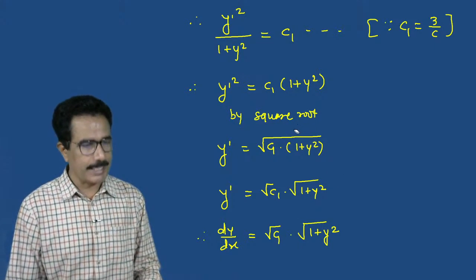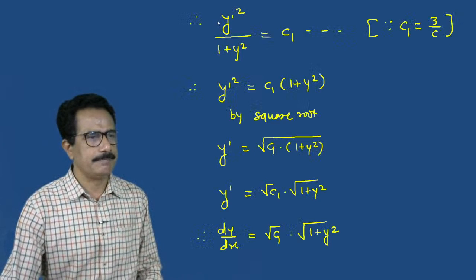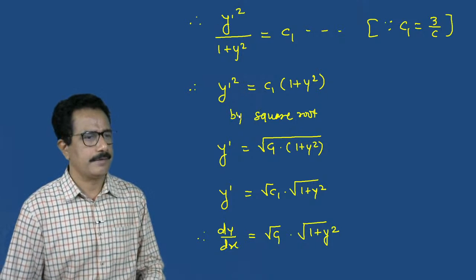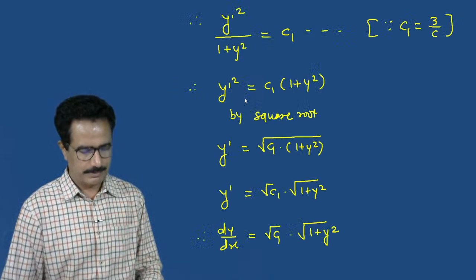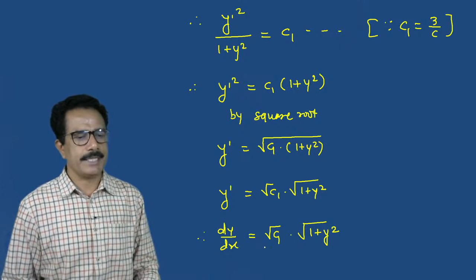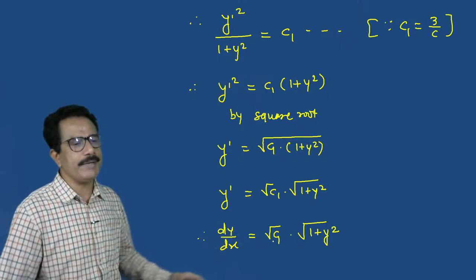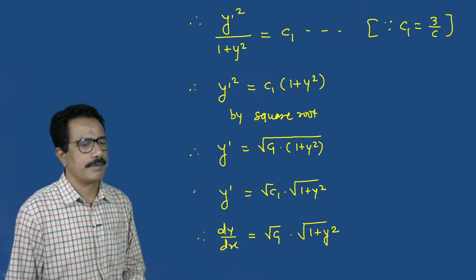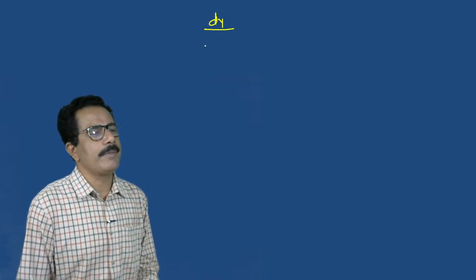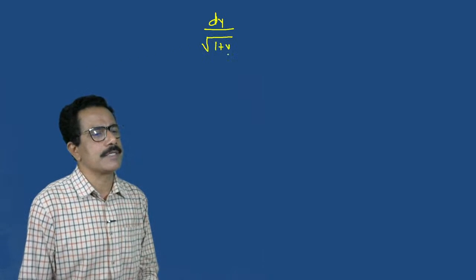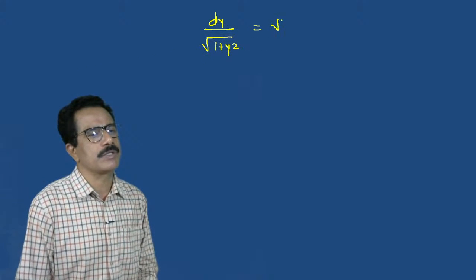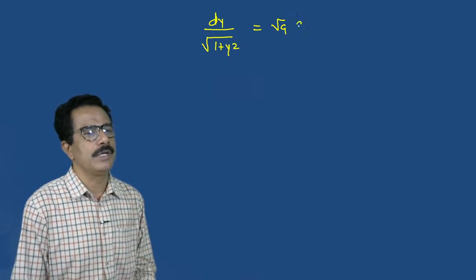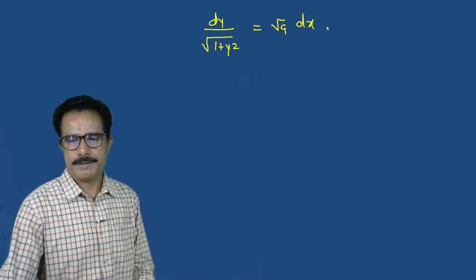So we can write, now separate the variables. Y dash means dy by dx. So it will be dy divided by root of 1 plus y square, which is equal to root c1 into dx.